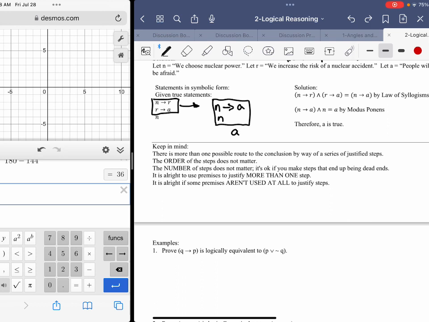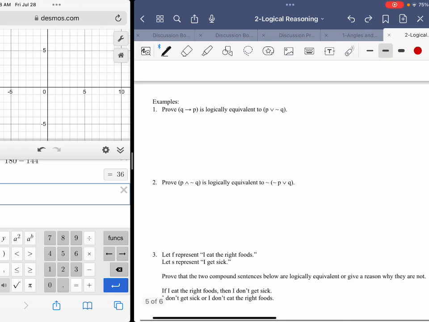So there is more than one possible route to the conclusion. The order of steps doesn't matter. The number of steps, if it takes you 20 steps to get to the answer versus 2, it's just a question of time. But it doesn't matter in terms of the logic of it. You can use premises to justify more than one step, and it's all right if you don't use any of the premises at all. Sometimes there's an extra statement in there that's kind of like a red herring.